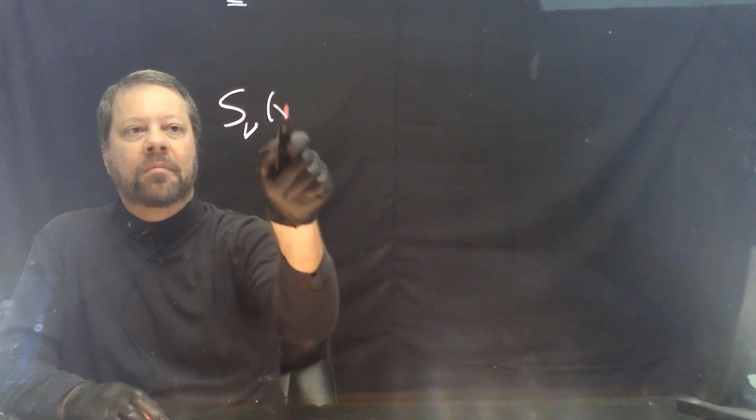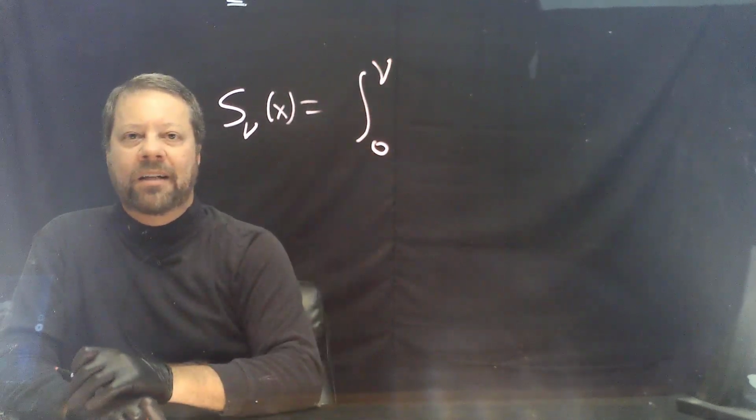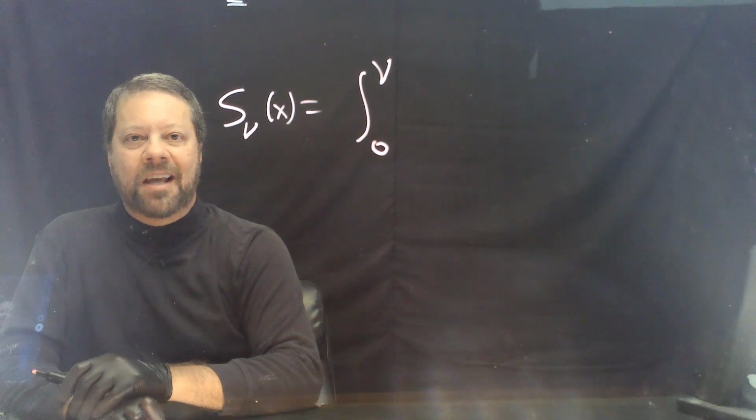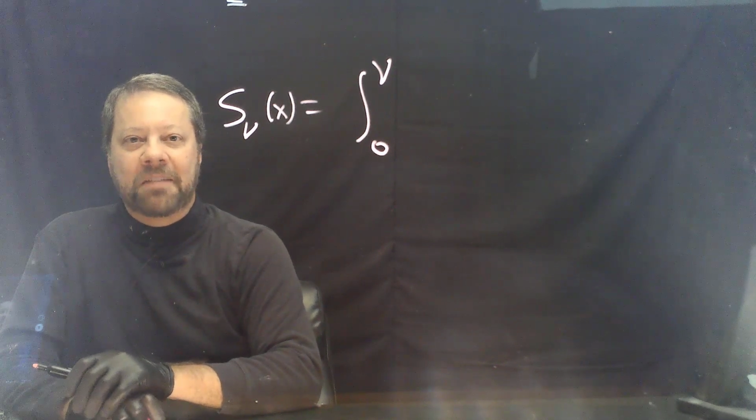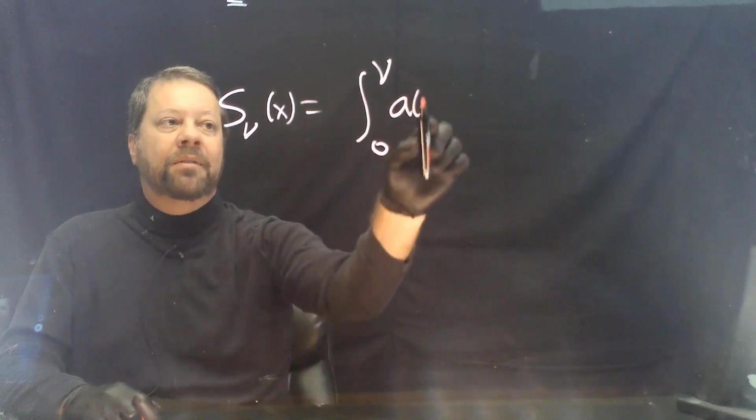Analogous to truncating a Fourier series is not integrating all the way to infinity. We'll integrate to nu, let's say, instead of all the way to infinity. This gives us a kind of partial sum, if you will.